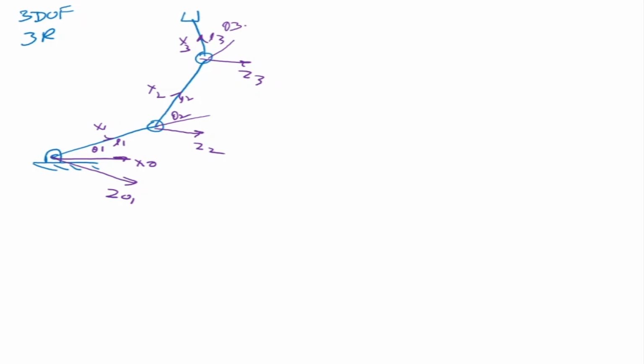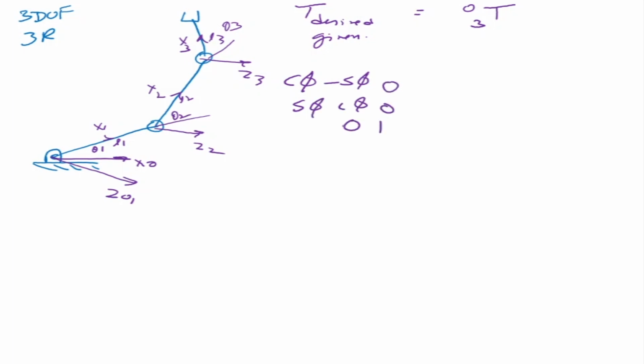So let's say that my T desired is equal to T3 to 0. Equate them, then try and solve. The desired has to be given. So the desired is cos phi, minus sin phi, 0, 0; sin phi, cos phi, 0, 0; 0, 0, 1, 0; and x, y, 0, 1.